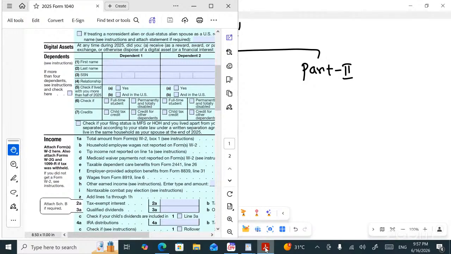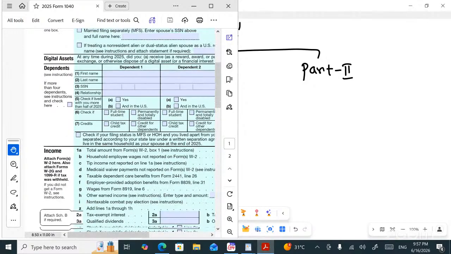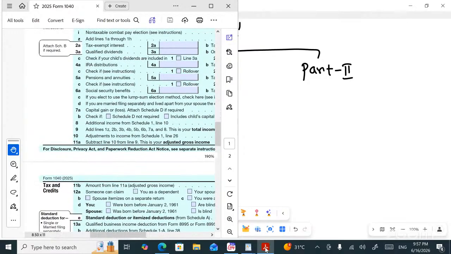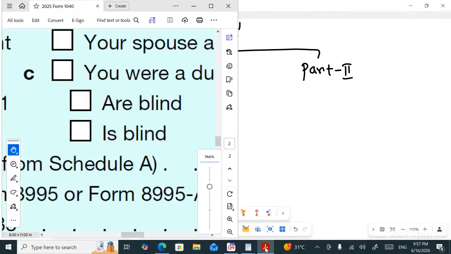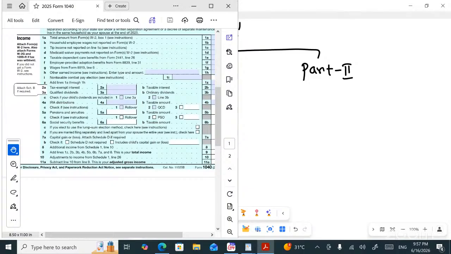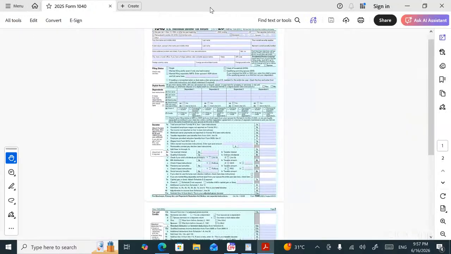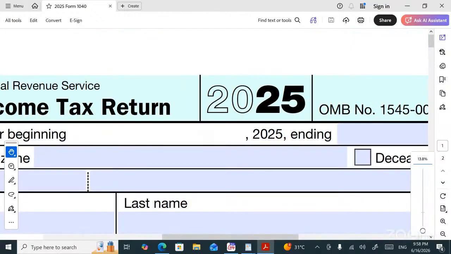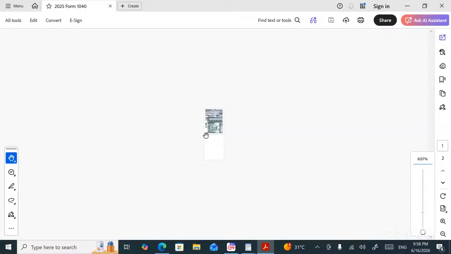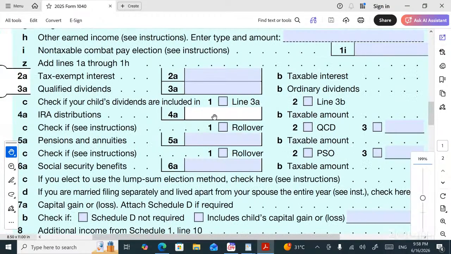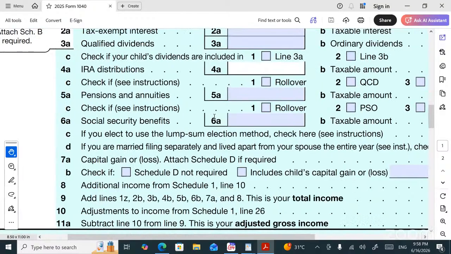When we are filing form 1040, as I already explained yesterday, line item number 8 is additional income from Schedule number 1.